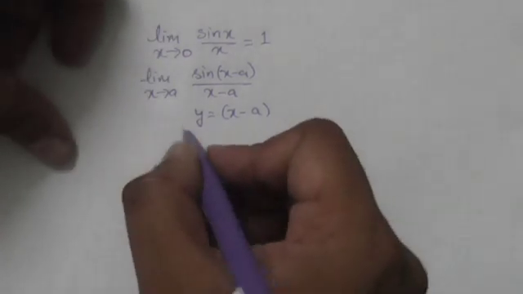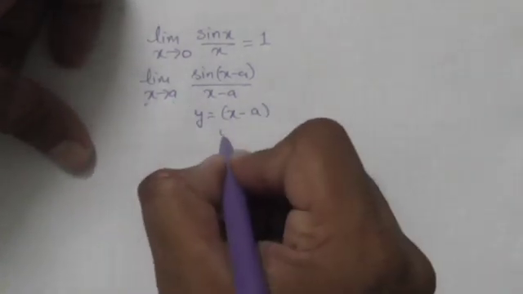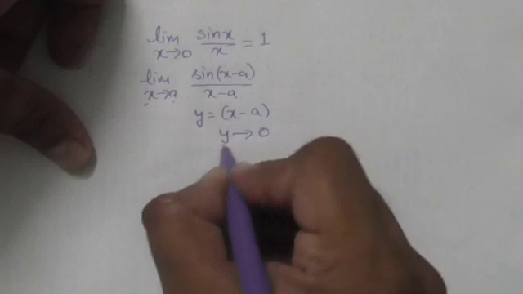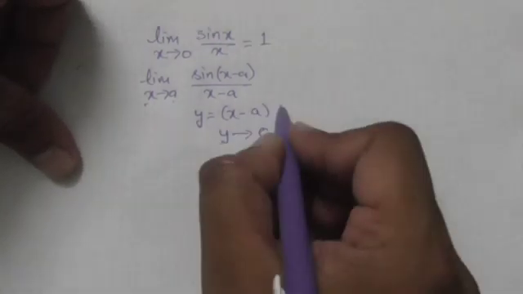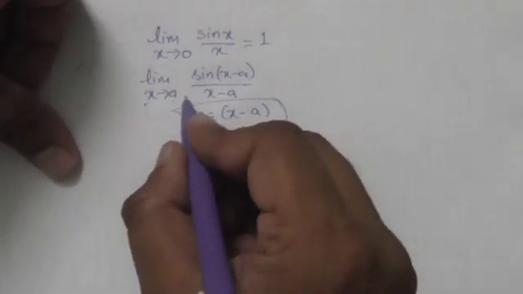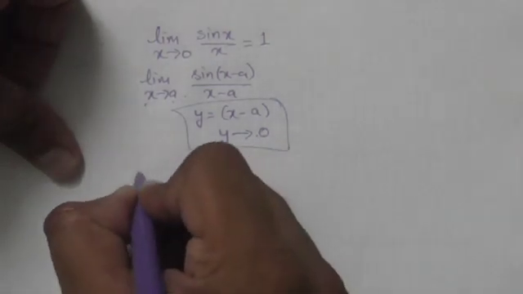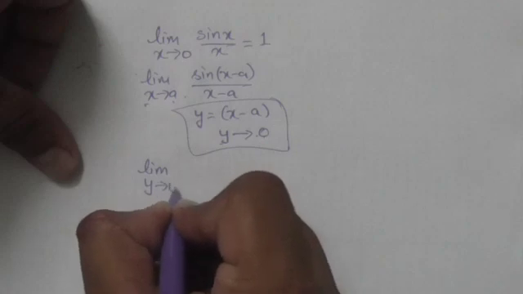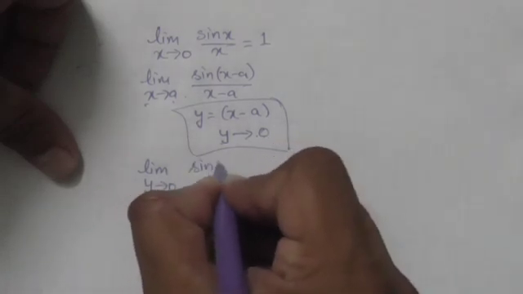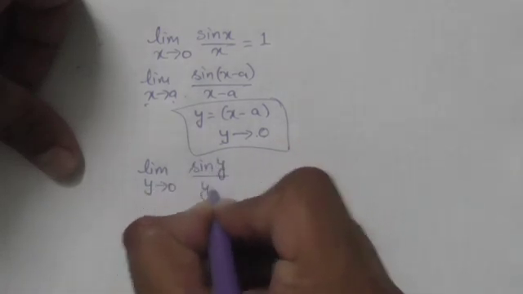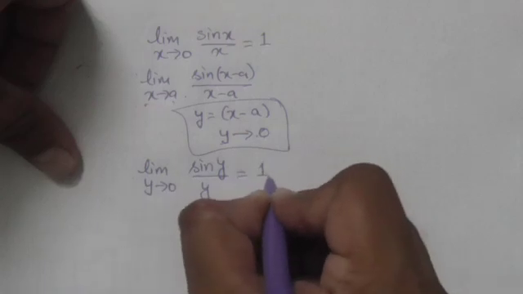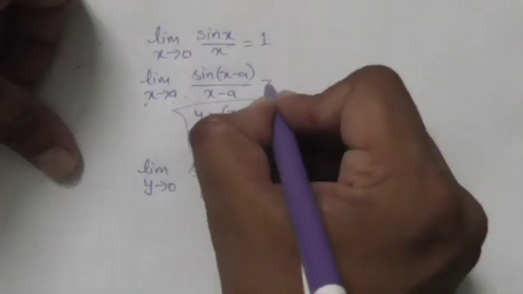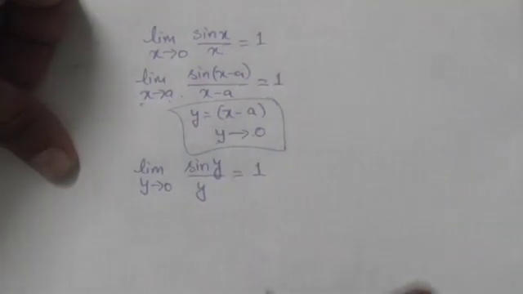So as x tends to a, y will tend to 0. So when we substitute these values in this expression, we will have limit y tends to 0 sin y upon y, and it is equal to 1. So this expression is equal to 1.